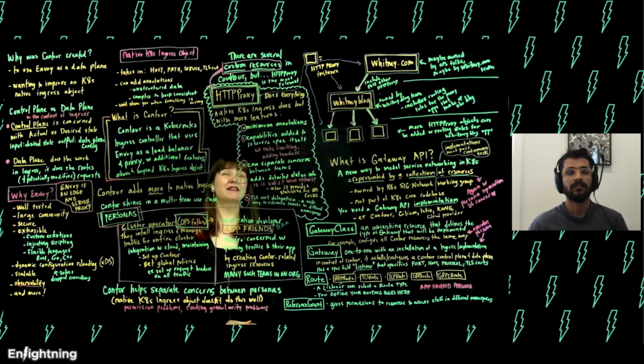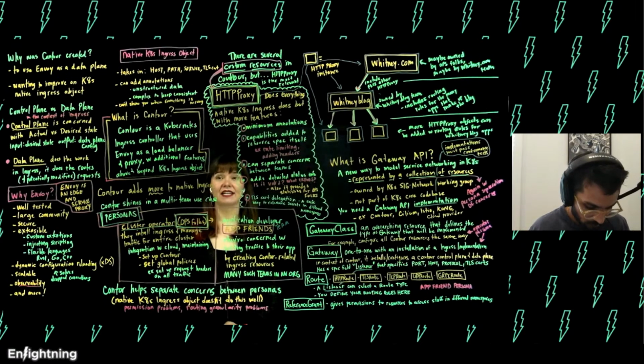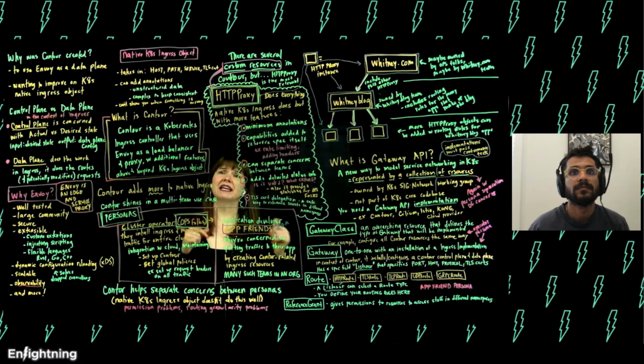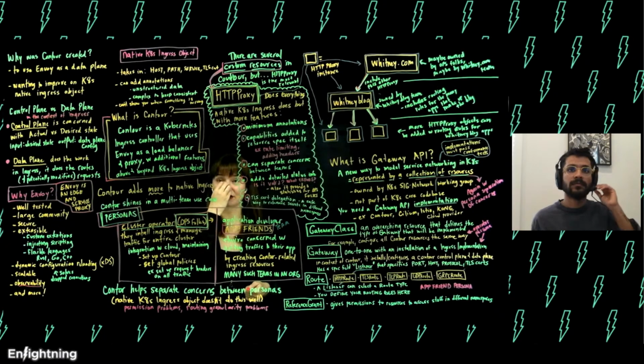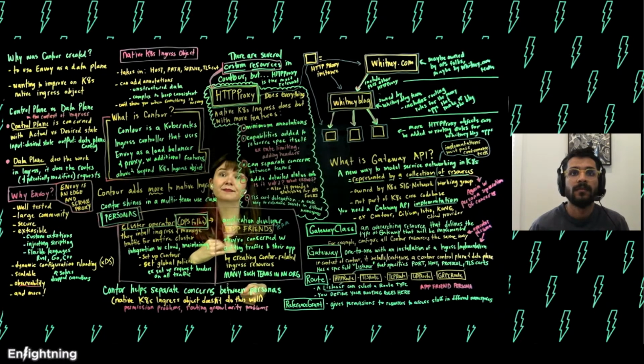There are several custom resources in Contour, but the one we dug in on today is the HTTP Proxy resource. It does everything that a native Kubernetes Ingress does, but with more features. And to be clear, if you're implementing Contour, you use this resource instead of using the Ingress objects, right? Not in addition to. Yes, definitely.